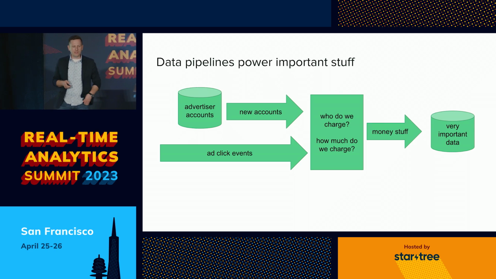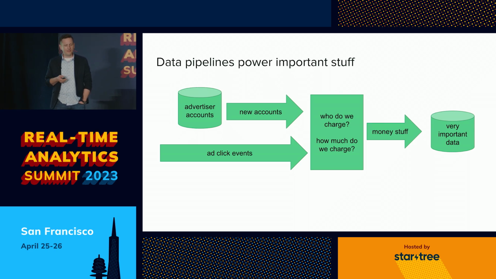All right, I want to stop for a second and point out, I think it's kind of interesting, that data pipelines can do really interesting, business-critical, important stuff, right? It's not just moving data between databases. You could have a Flink job, for example, that's joining an ad click stream with some new account CDC stream and figuring out who do we charge, how much do we charge, emitting money stuff to Pinot, and that sort of thing.